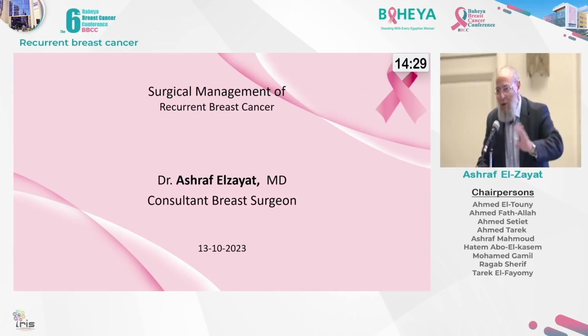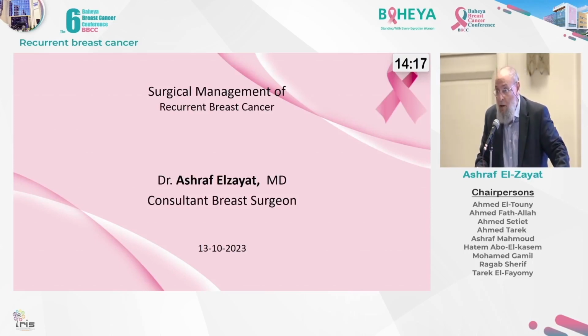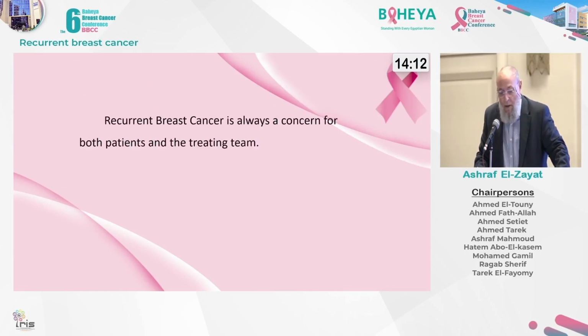Now, my talk is very straightforward and very difficult, but it is a multidisciplinary issue. How can you manage a recurrence, specifically local recurrence? Recurrent breast cancer is always a concern for all of us whenever we plan treatment. Why do we have multidisciplinary meetings?